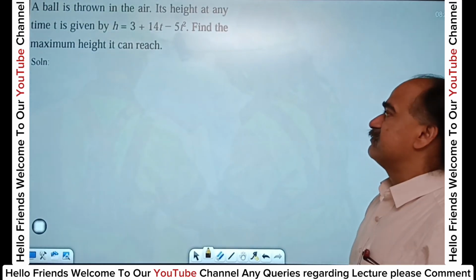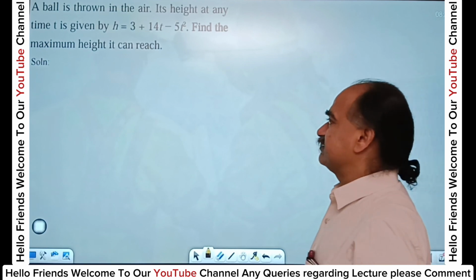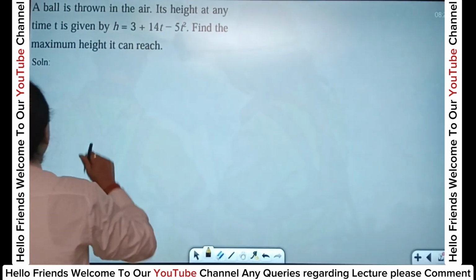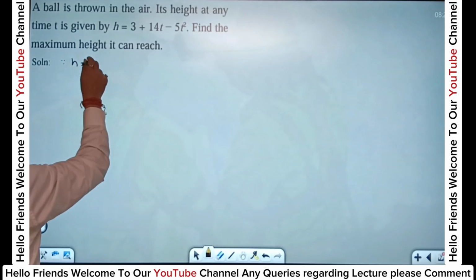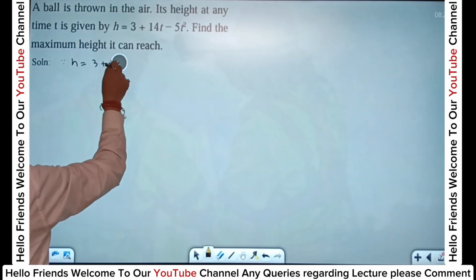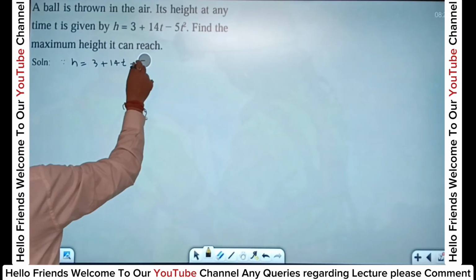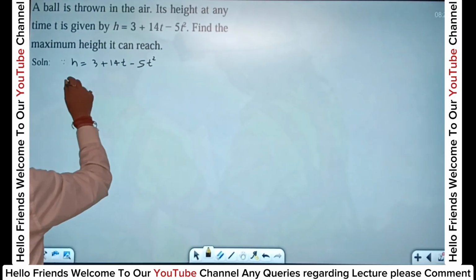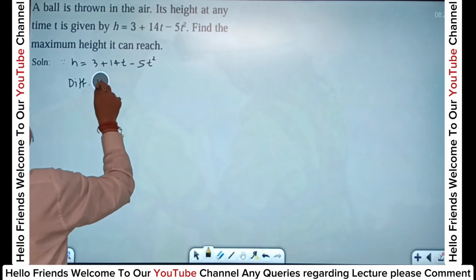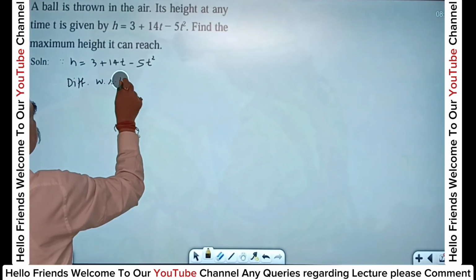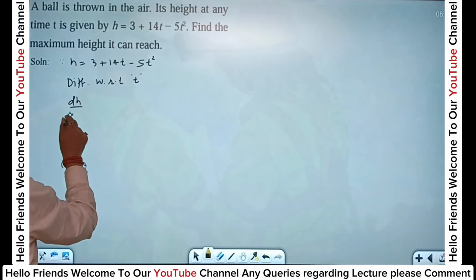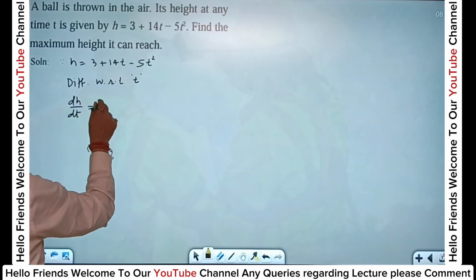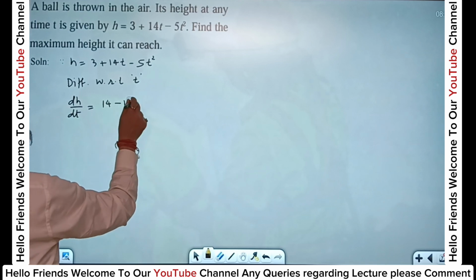A ball is thrown in the air. Its height at any time t is given by h is equal to 3 plus 14t minus 5t square. Differentiating with respect to t, dh by dt is what? 14 minus 10t.